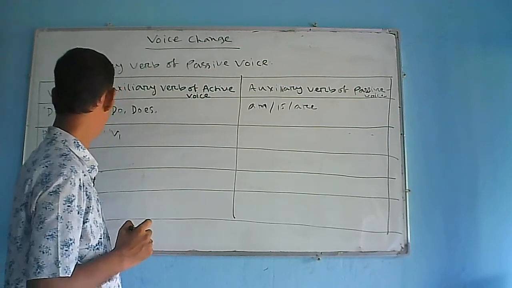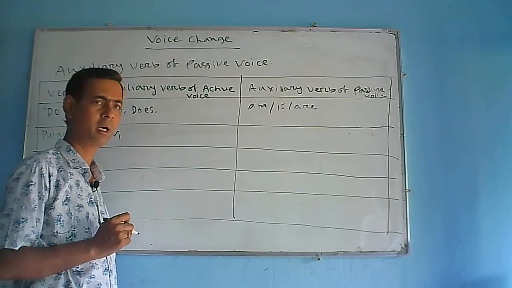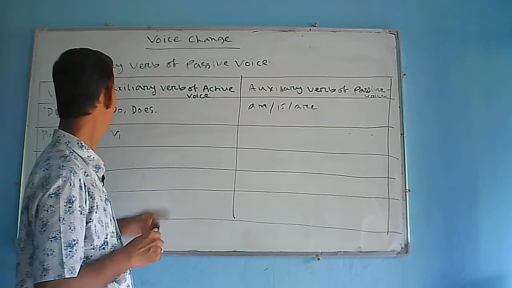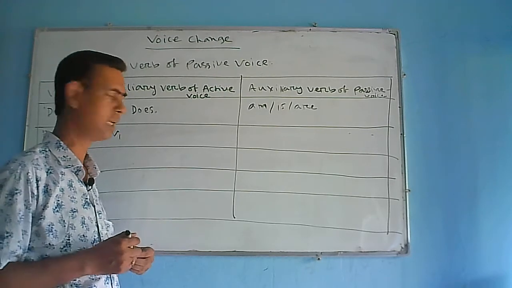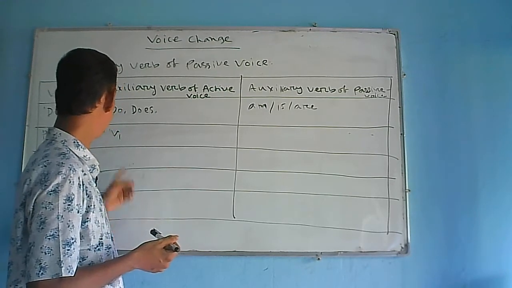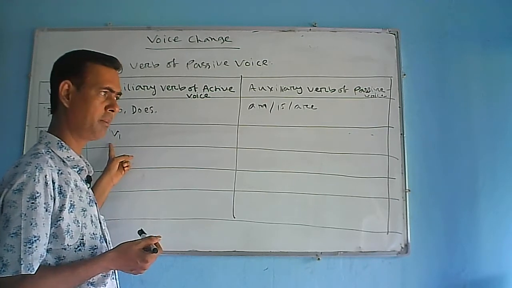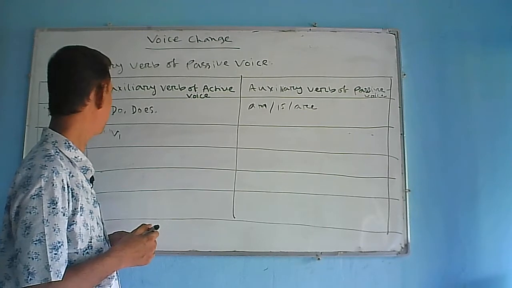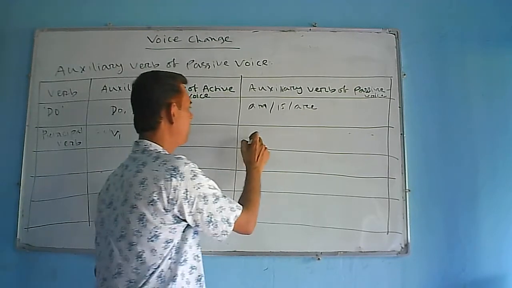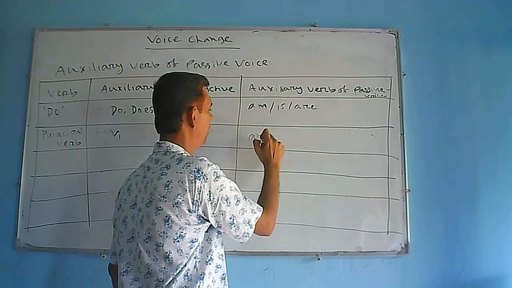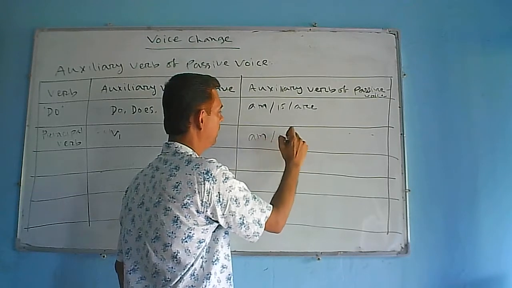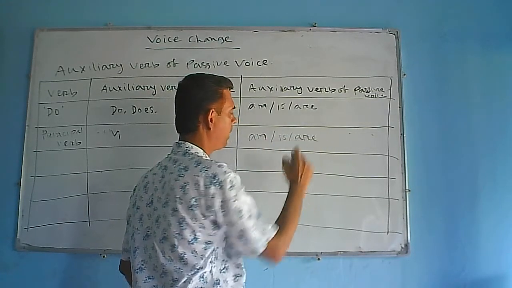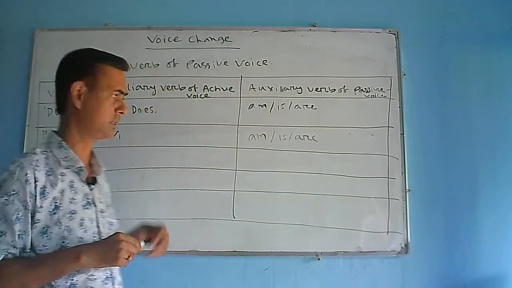If they remain first form of verb in a sentence and it is present indefinite tense, that means if they remain first form of verb in an active voice, am, is, or are will be used as the auxiliary verb of passive voice.